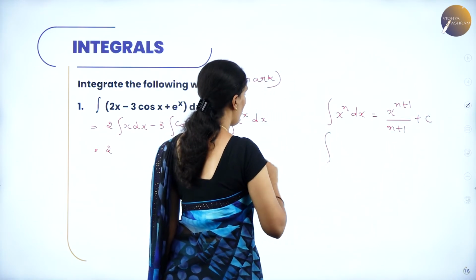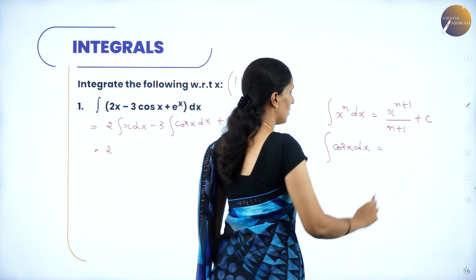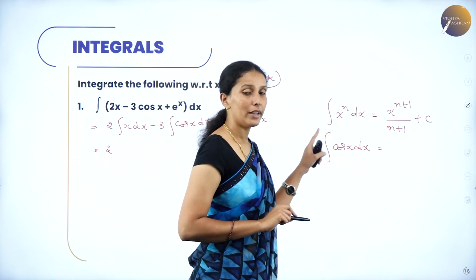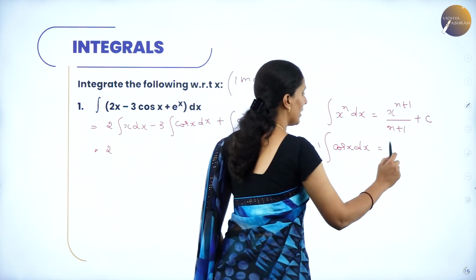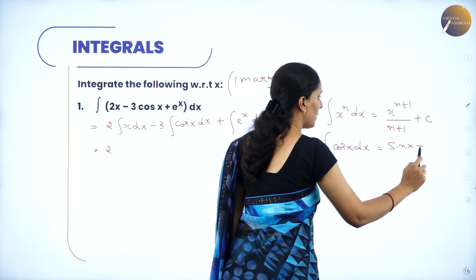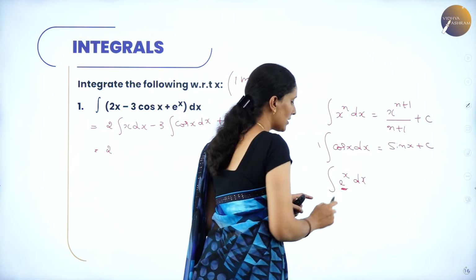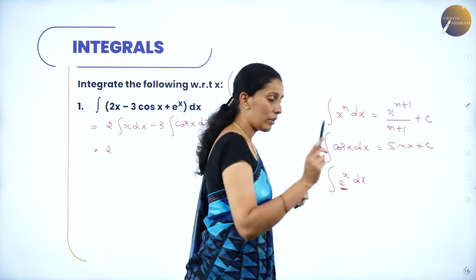And integration of cos x dx. Here cos x is the derivative of which function? It is the derivative of sine function, and hence here I can write sin x plus c. Next we have e power x dx. e power x is the derivative of e power x only.